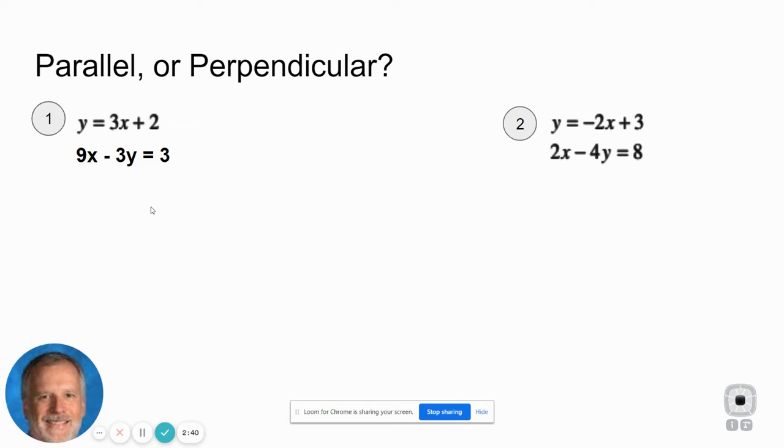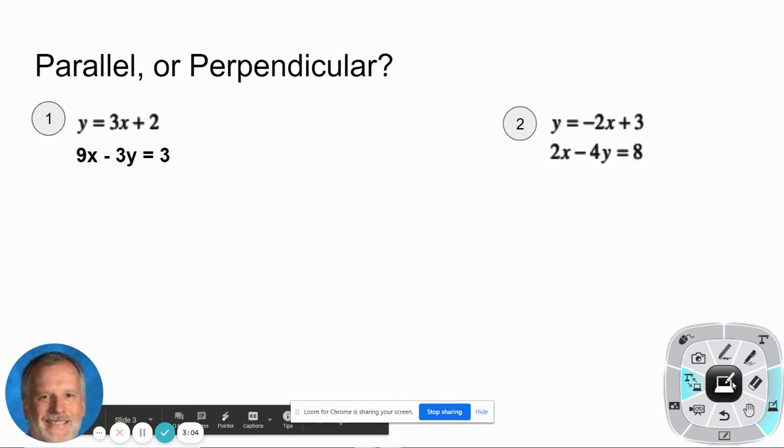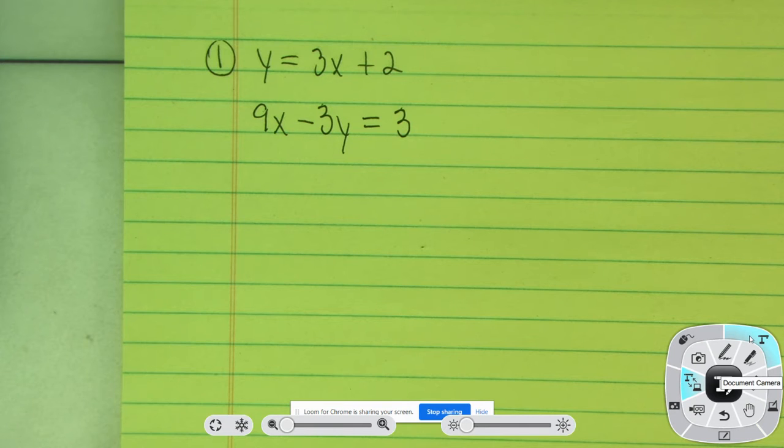Number one is y equals 3x plus 2. And the second equation is 9x minus 3y equals 3. So jot those two down. In fact, I've just written them down, and I'll show you what you need to do with that.